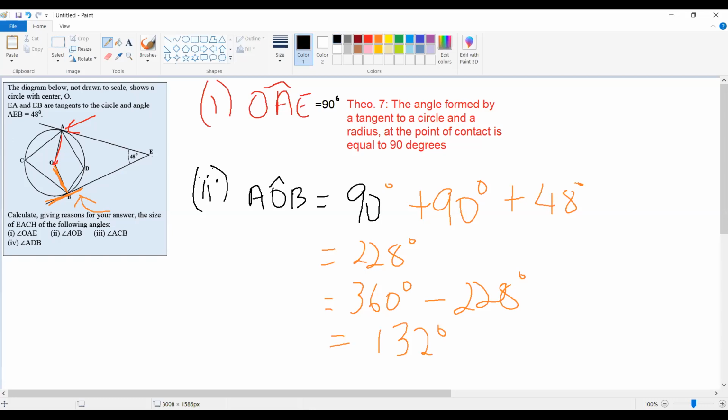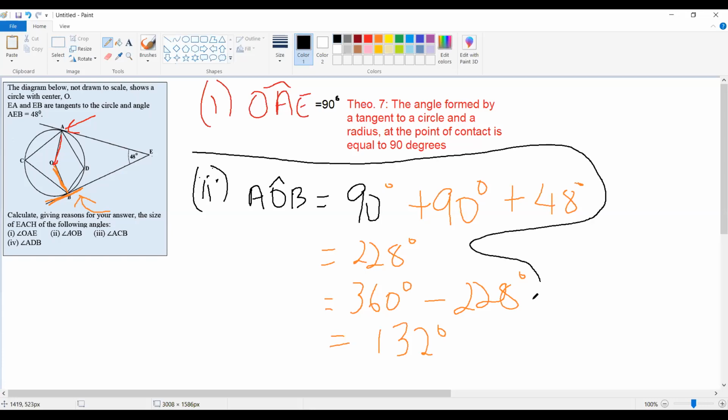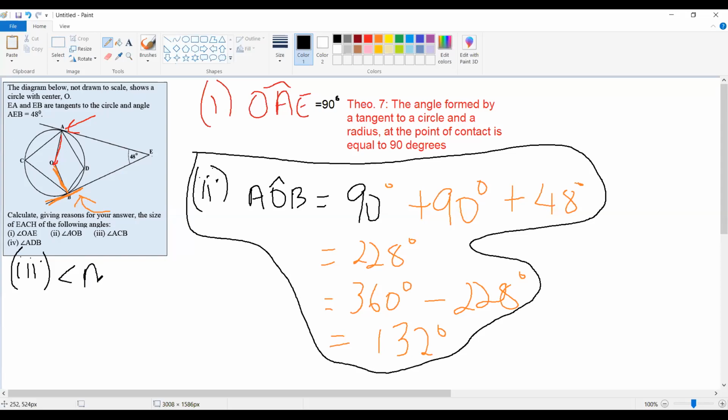The third part, okay, so this is the second part. I wrote a little too big. Let me just section it off there. Right. So the third part, angle ACB. So we want to find the angle C. How do we find the angle C?